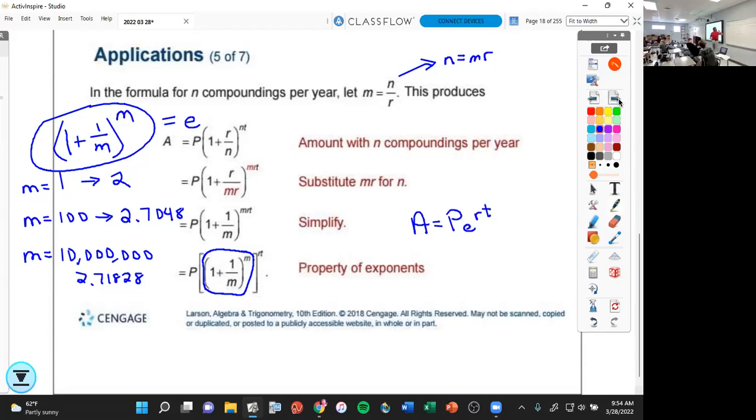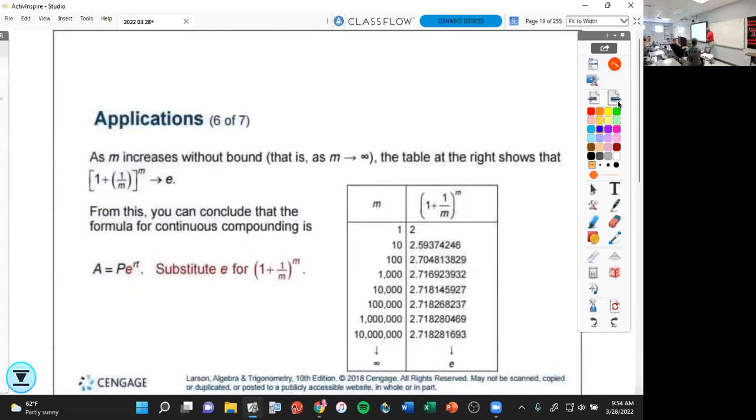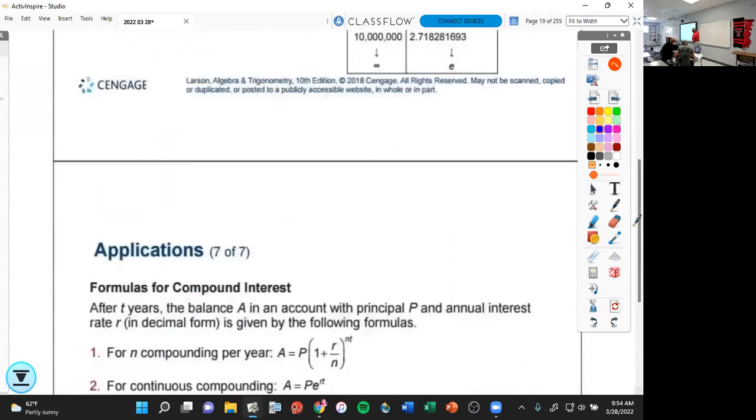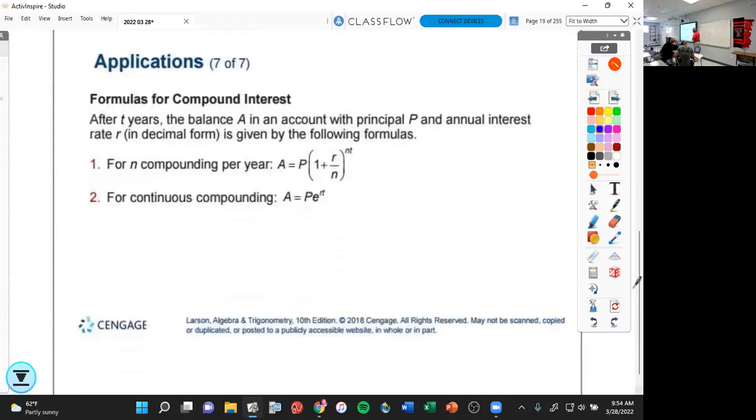Okay, so here's the next slide. It shows multiple entries, and they went all the way to 10 million, just like I showed you. I just did a sampling of these. So A equals P times e to the RT. For T years, the balance A in an account with principal P and annual interest rate R is given by these formulas.